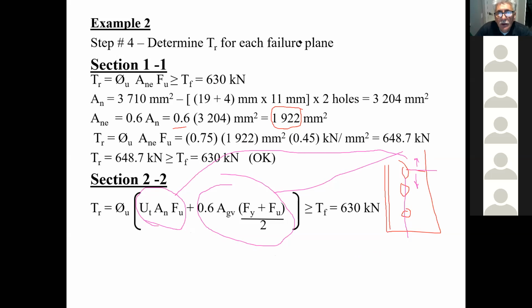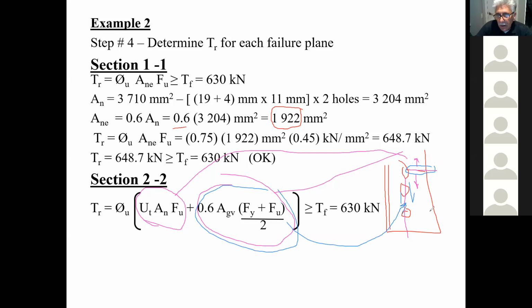Let me change color. This equation will take care of the failure plane across there. Should put it in blue. So this is what's taking care of the failure plane there, and this is where it's shearing off. So this part of the equation here is calculating the resistance across there.